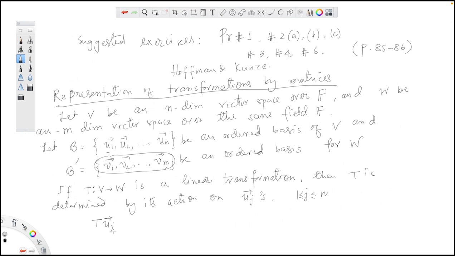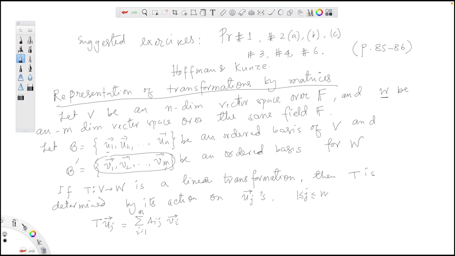Because Tuj is in W, and W has B prime as its ordered basis. So Tuj can be written as a linear combination of these elements in B prime. So let me write this expression of linear combination: the sum of Aij vi, where i runs from 1 to m.